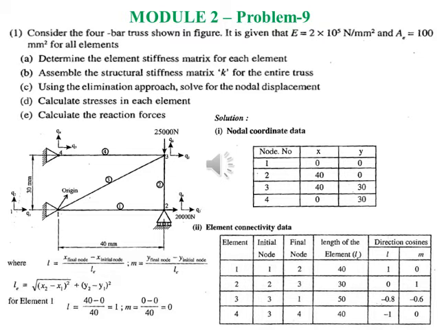So for element 1, L is nothing but 40 minus 0 by 40, that is equal to 1. M is nothing but 0 minus 0 by 40, that is equal to 0. Similarly, for all the elements, we are supposed to calculate the values of L and M.